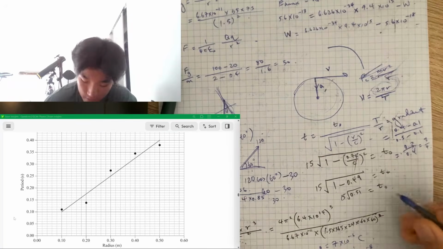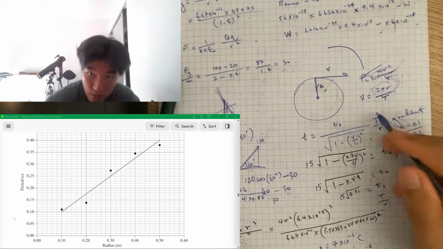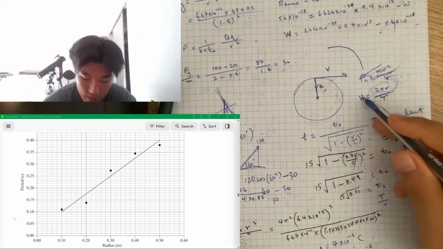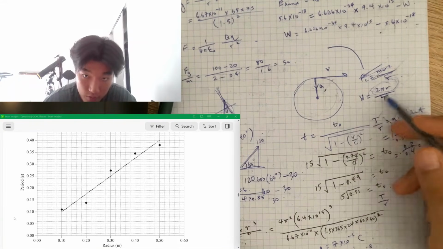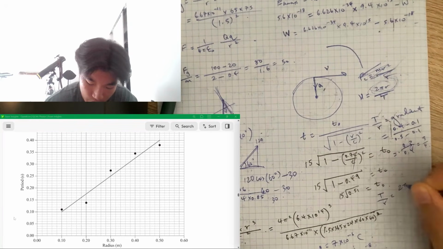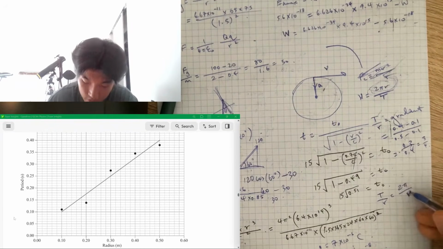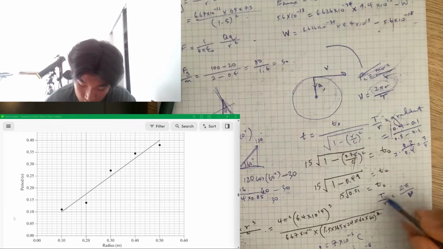But what does the gradient actually represent? If we rearrange this formula, we multiply by t on this side, and then we divide by r, and then we divide by v. This represents v, by the way. This is the gradient, so 3 over 4.